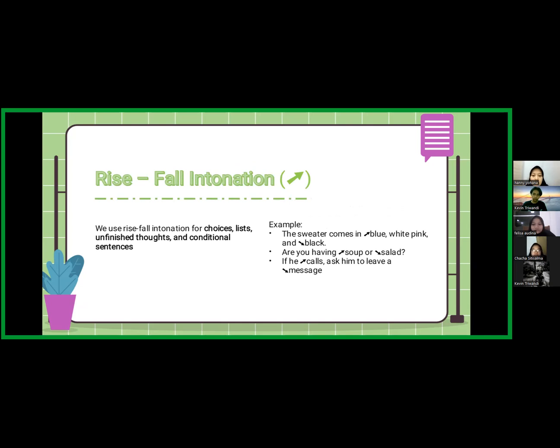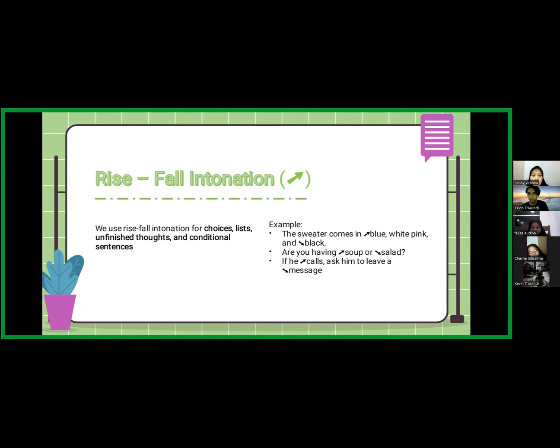For example, it is commonly found in statements, comments, and WH questions, information questions. Statement examples: nice to meet you, and she doesn't live here anymore.